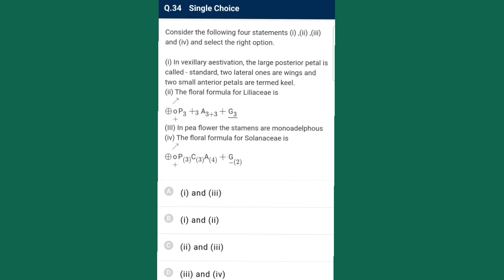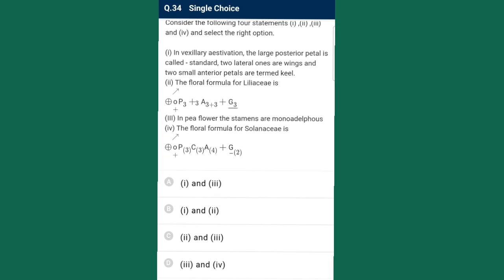The general characters of Liliaceae family: the flowers are bracteate, bisexual, complete, actinomorphic, hypogynous and trimerous, and in some plants may be epipetalous. They have polyandrous androecium and a superior ovary. So the right option is the first and second statement, option B.